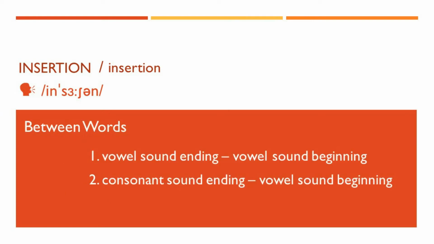When we're looking at what happens between words, it could be that we insert linking sounds between a word that has a vowel sound ending and a following word that has a vowel sound beginning. Or we could be inserting the linking sound between a word that has a consonant sound ending and a following word that has a vowel sound beginning.